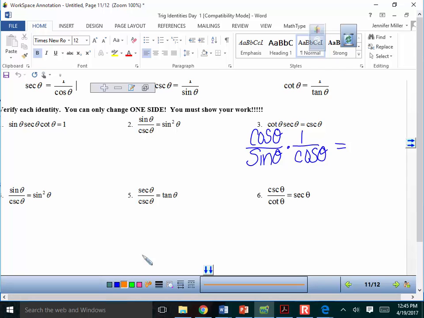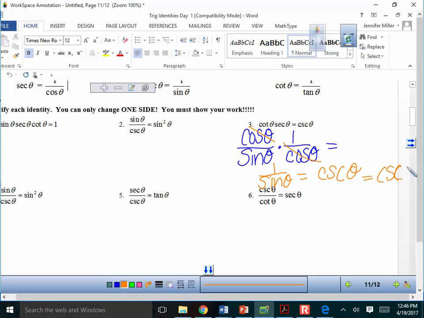Okay, now, do I have stuff that can cancel? Cosine of theta, and I'm left with 1 over the sine of theta. But guys, seriously, what's 1 over the sine of theta? The cosecant of theta, which is equal to exactly what we're looking for, which is the cosecant of theta. So that's just it. That's it.